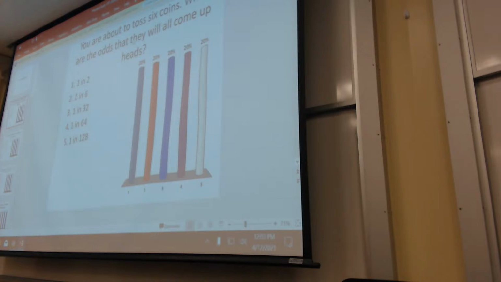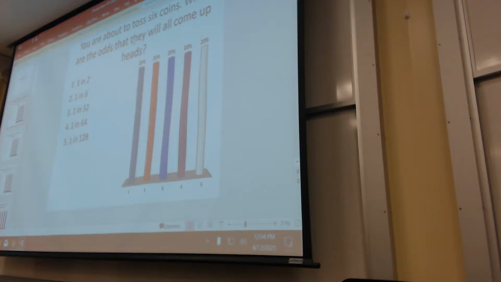And the formula for something with a 50-50% chance is 1 over 2 to the number of times that you are going to run that test. So it's 1 over 2 to the 6th, or 1 and 2 times 1 and 2 times 1 and 2 times 1 and 2 times 1 and 2 times 1 and 2.